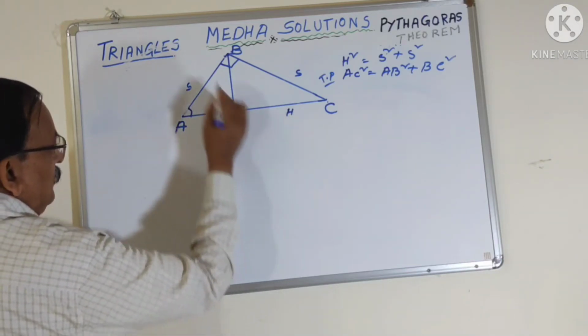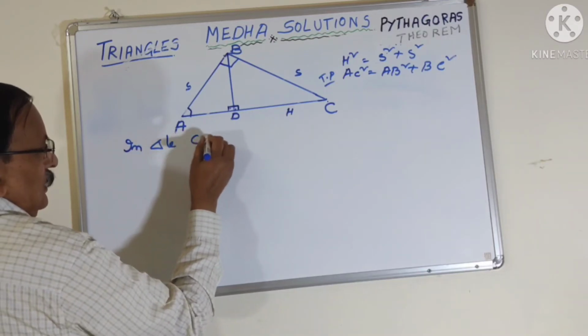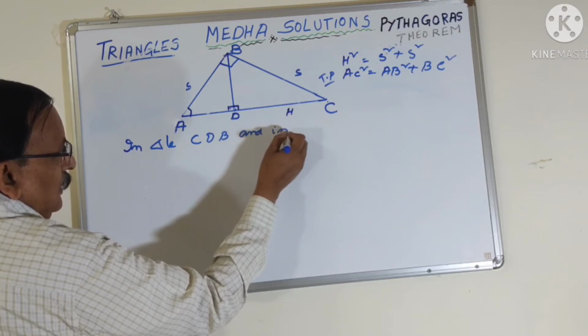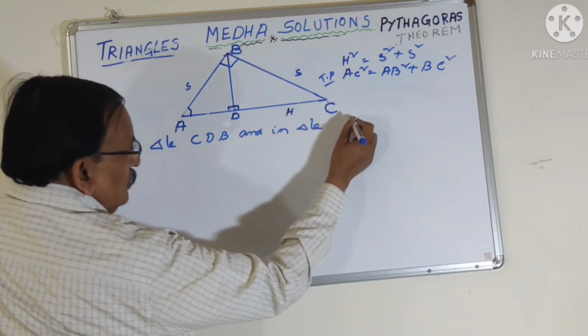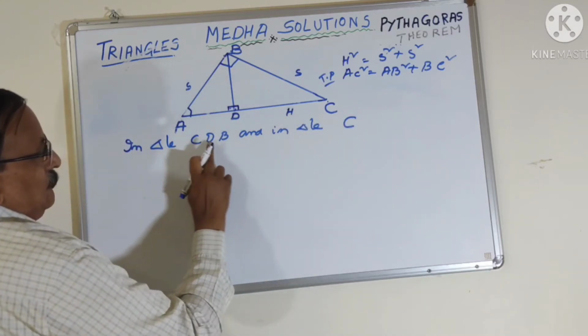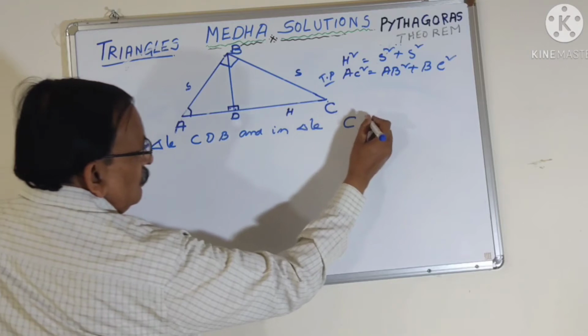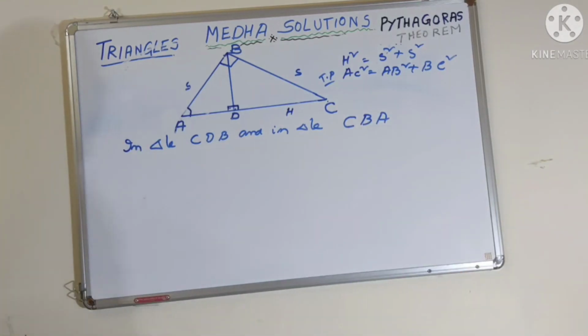In triangle CDB and in triangle, starting with C only, C and C, middle 90 degrees, here also middle 90, CBA. This order is very much important, once again.